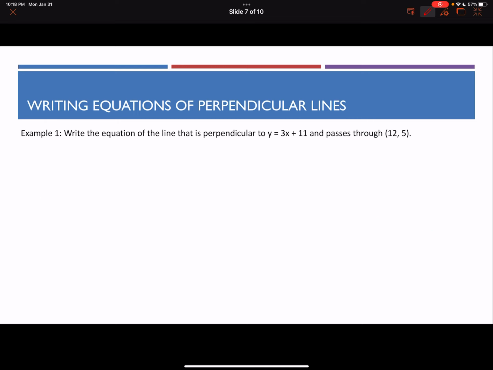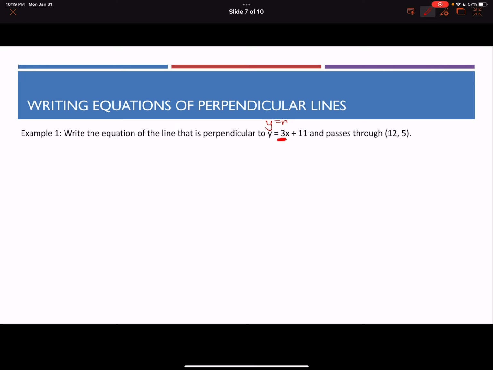We're going to actually write equations. So we're going to write the equation of the line that's perpendicular to this line here, y equals 3x plus 11, and we want it to pass through the point (12, 5). All right, so remember, perpendicular lines have slopes that are opposite reciprocals. So the slope of this line is 3, right?